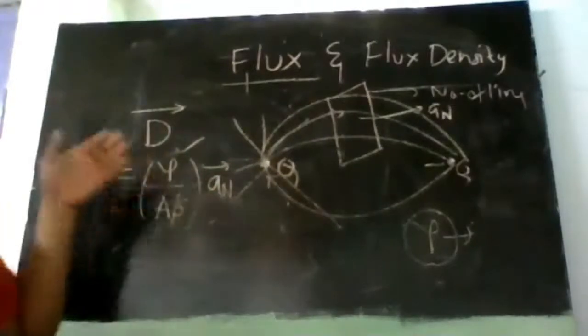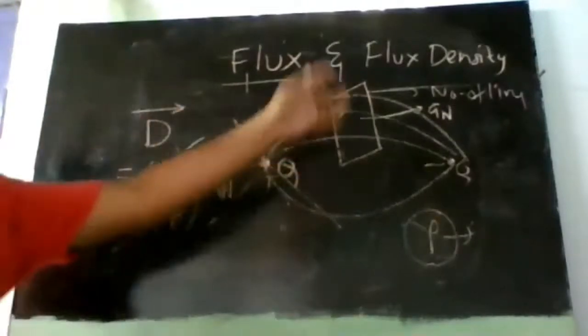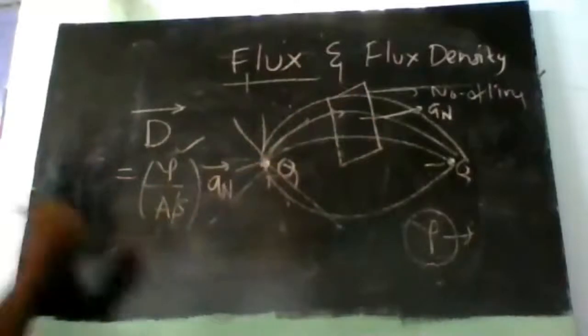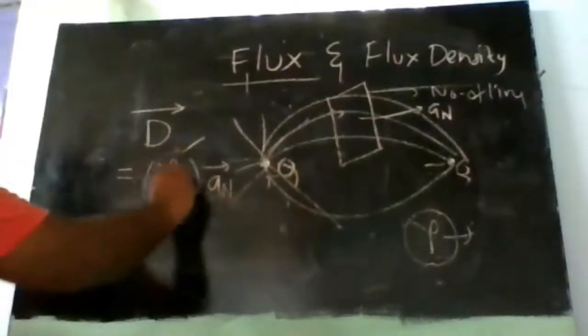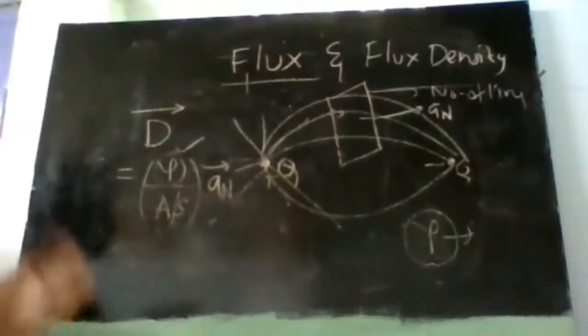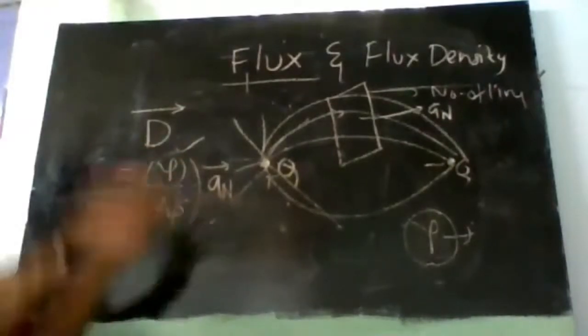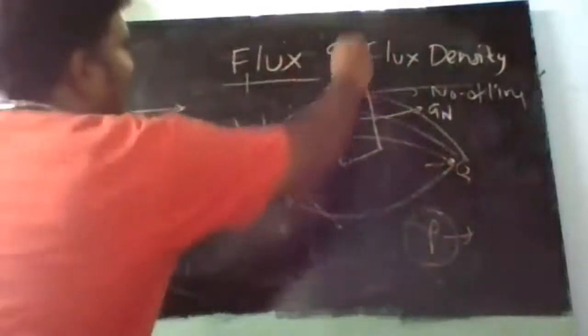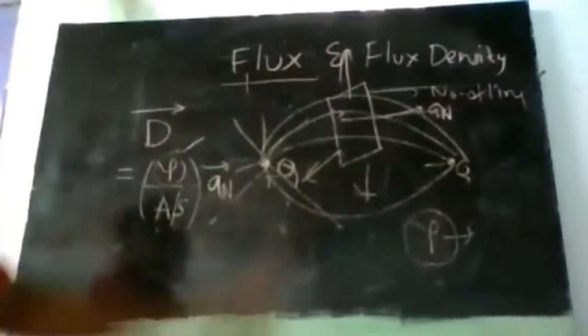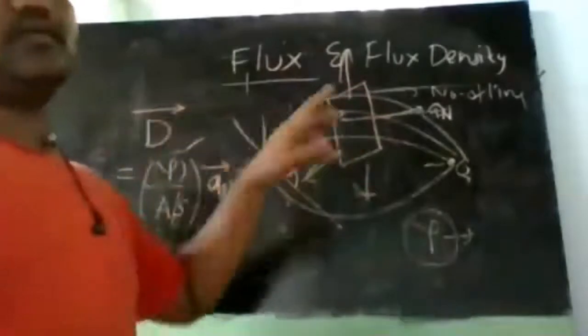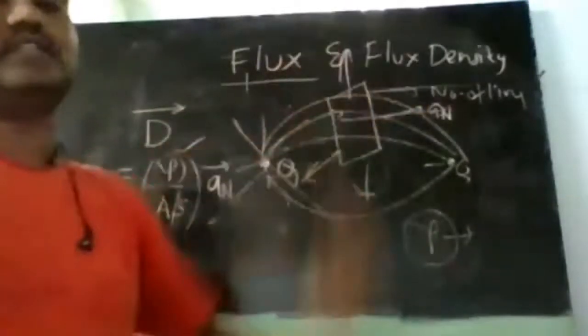Same thing here also: total flux lines to the total area that is passing through this object. But the only thing is we have to give direction. The lines you consider should be only in the normal direction. We cannot consider a line going out like this or like this. It has to go in the normal direction, radially outward from the body. This is called flux density.